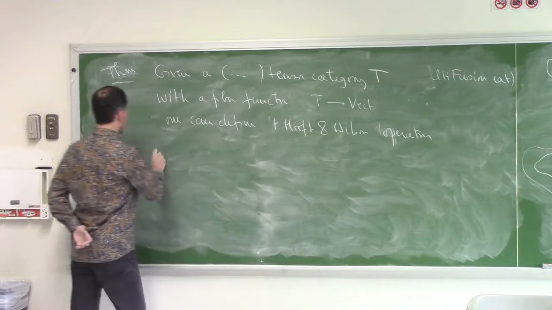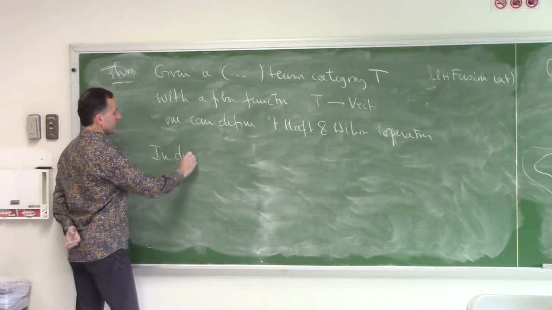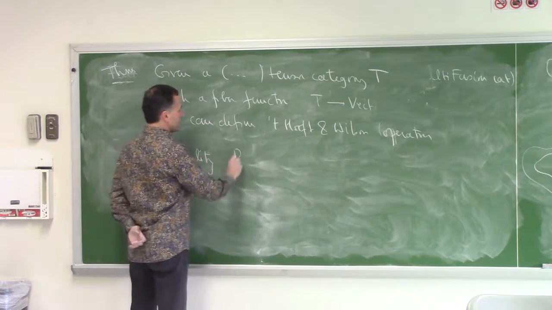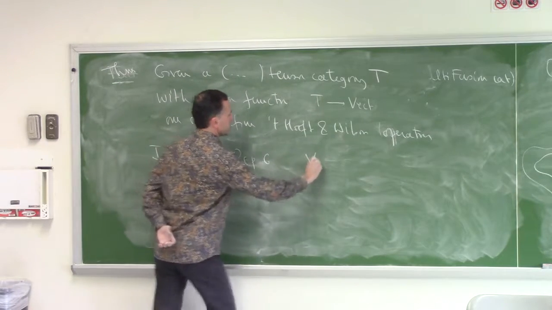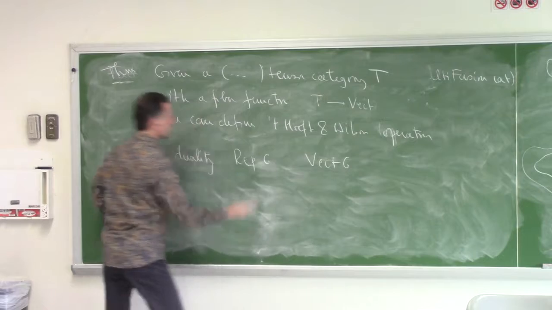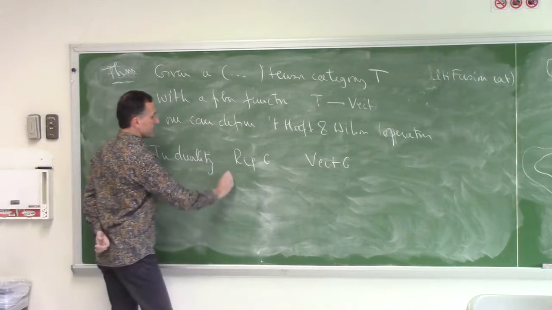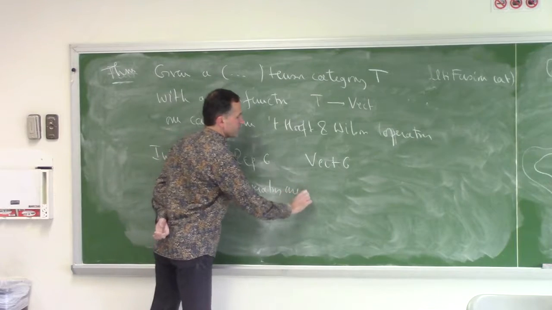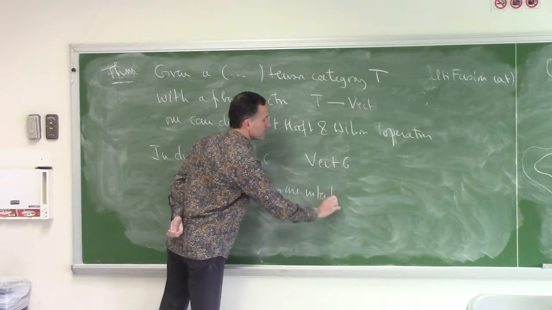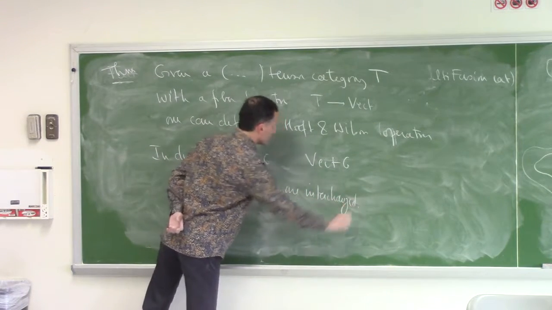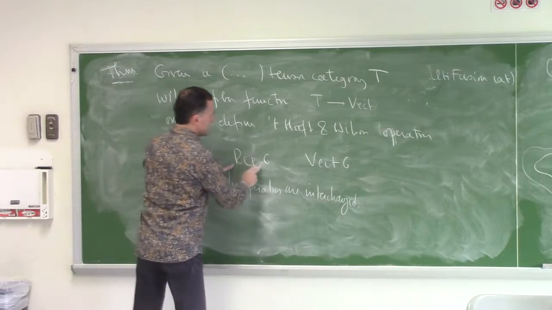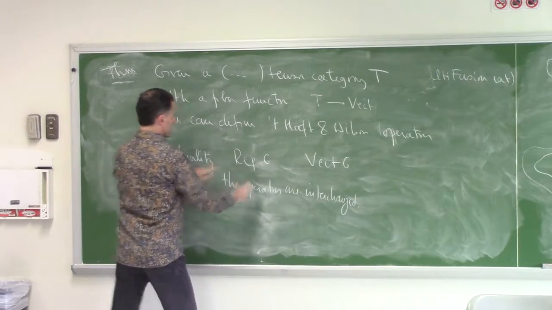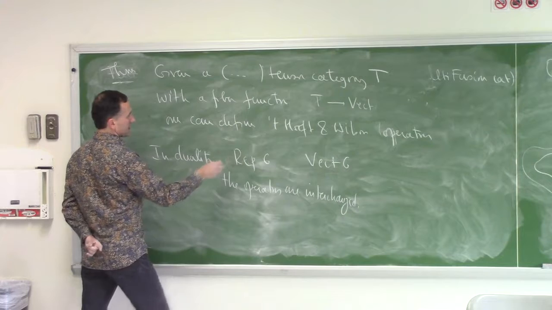And the duality between Rep G and Vec G, the two operators are interchanged. What happens, each of these has a fiber functor, so actually I'm rushing a bit.